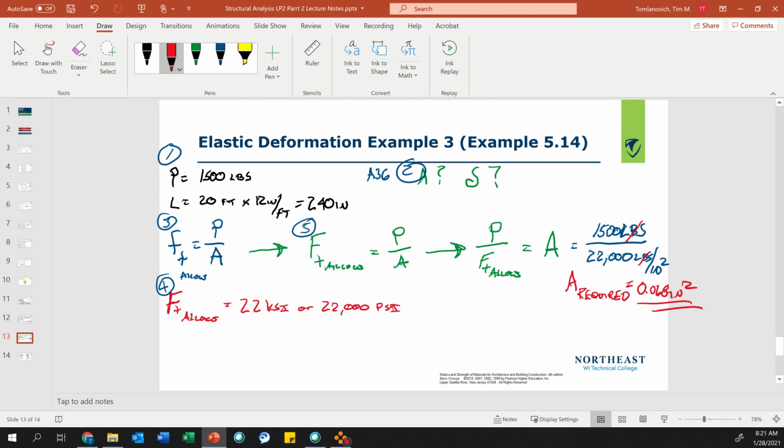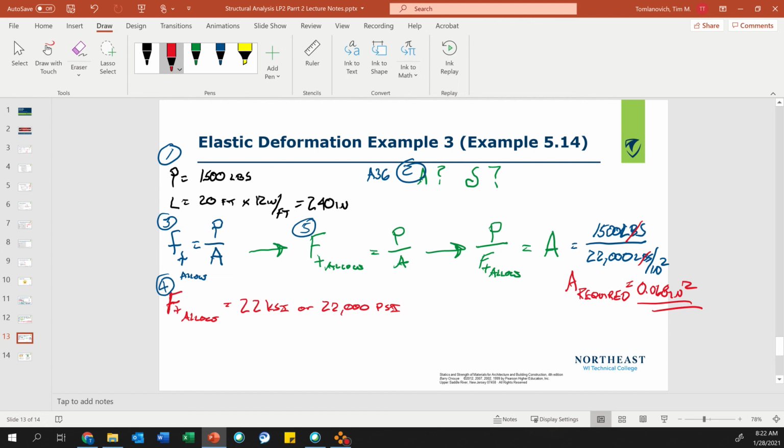I need to find an area of at least 0.068 inches squared. The first row here uses a nominal diameter of half inch, wall thickness 0.019, standard weight. The area of the steel is 0.25 square inches.